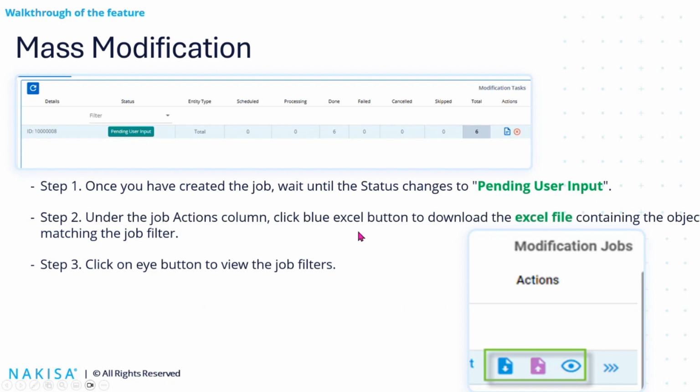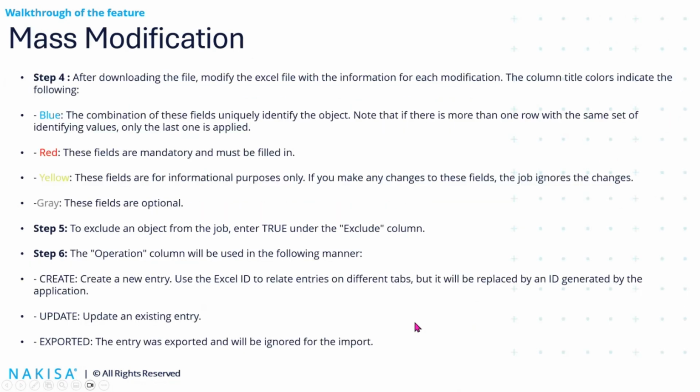When I show you on the UI, you will see we have a modification job where you have an Excel file, which will be populated for you with all the inputs that you have just entered in the previous slide. Also, we have this eye icon, which means you can view the inputs that you have done by clicking it. I'll show you an example of that.